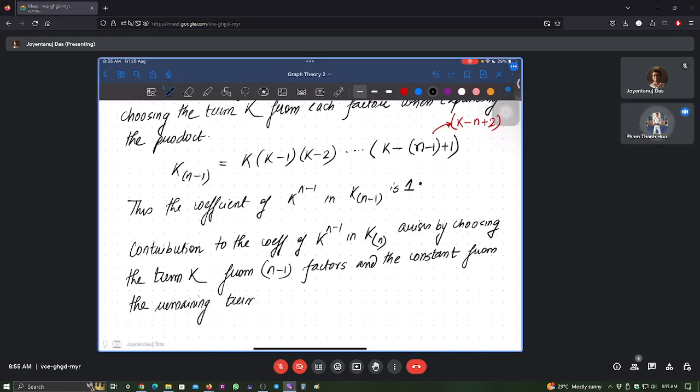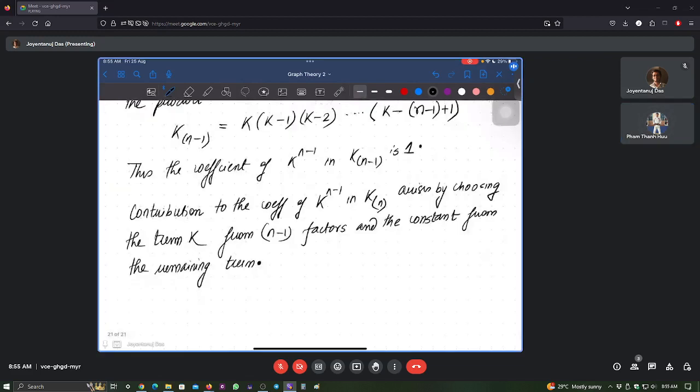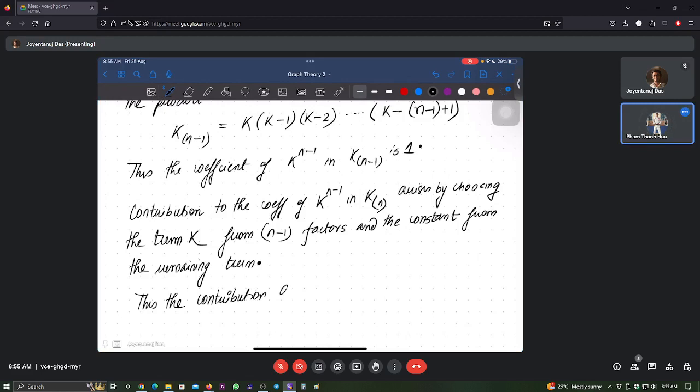So the contribution will be minus 1, minus 2, up to minus of n minus 1.